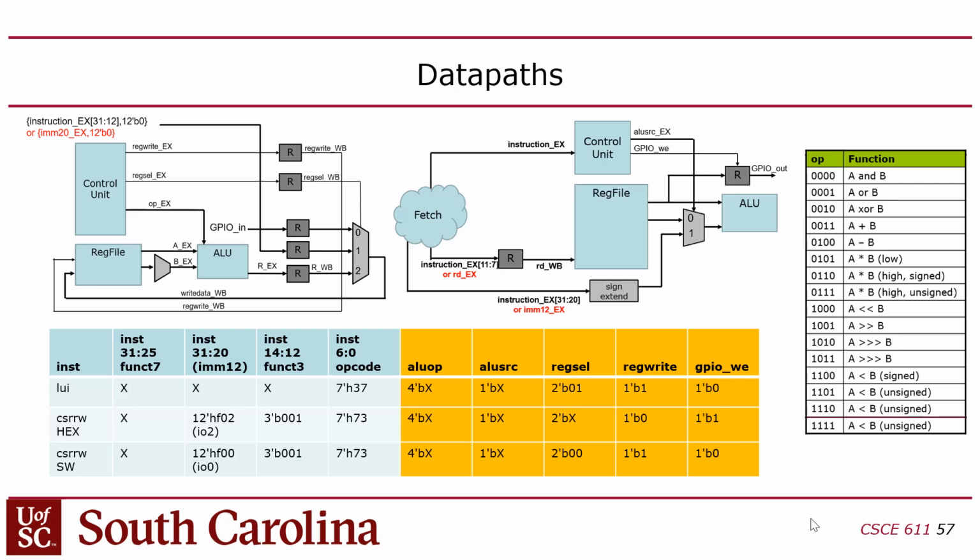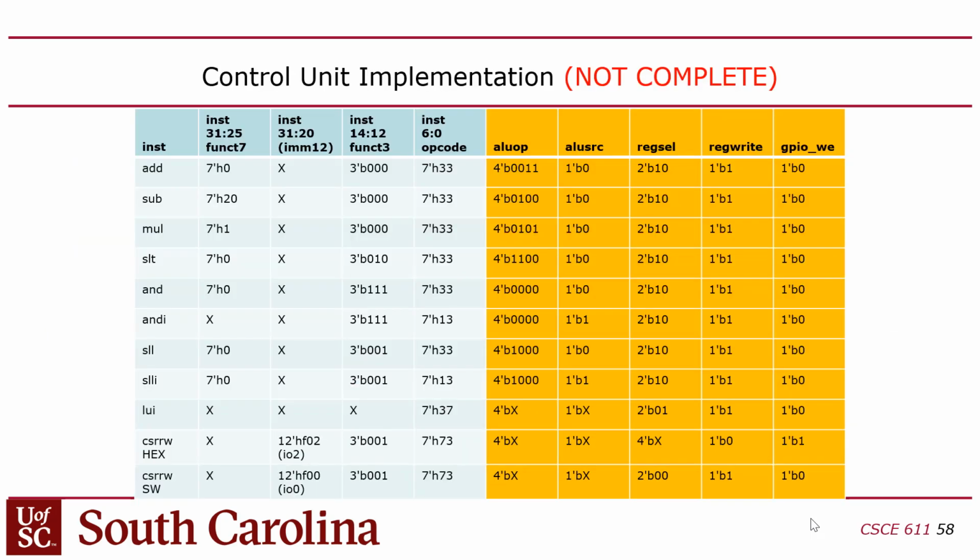Is this clear, by the way, what that GPIO write is? GPIO write is this guy up there. It's an enable for that register, right? I usually get a lot of questions about that signal when everyone gets going on this.